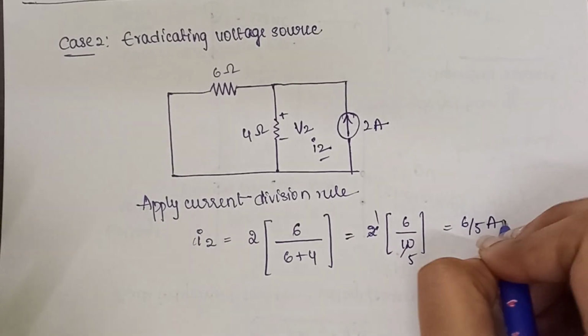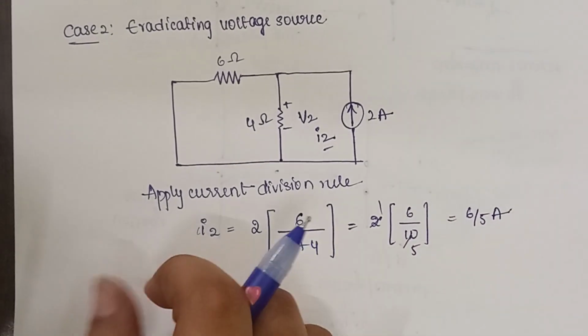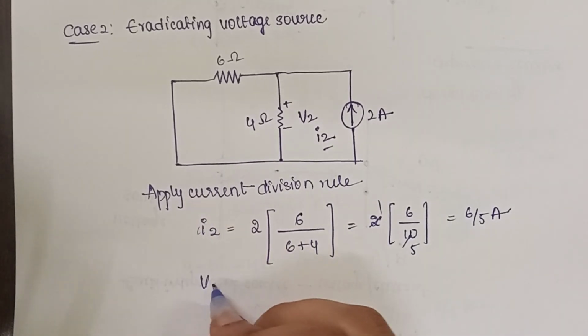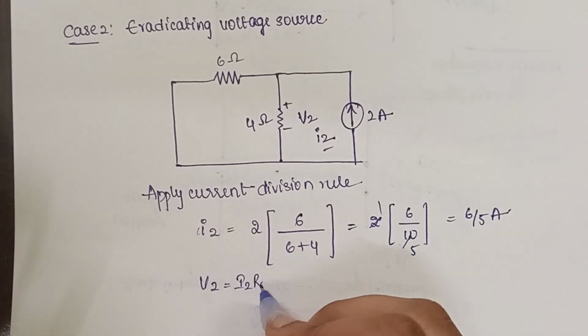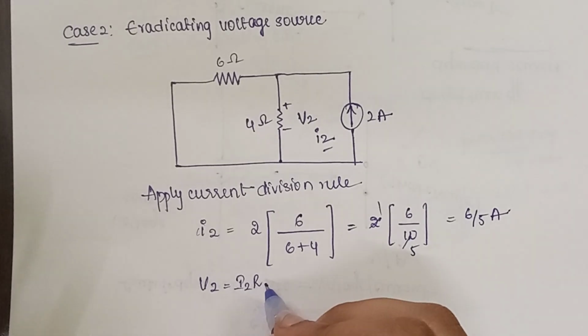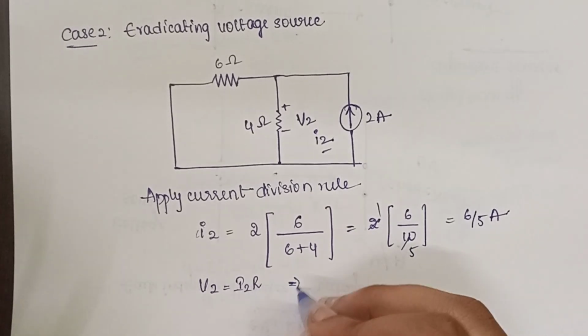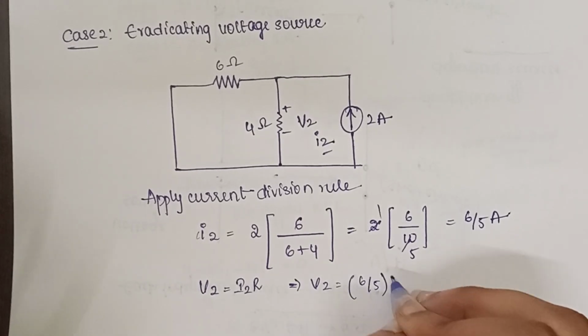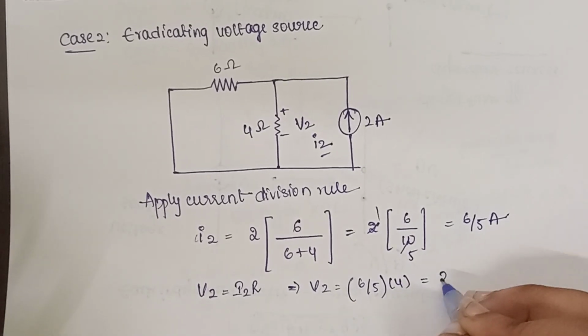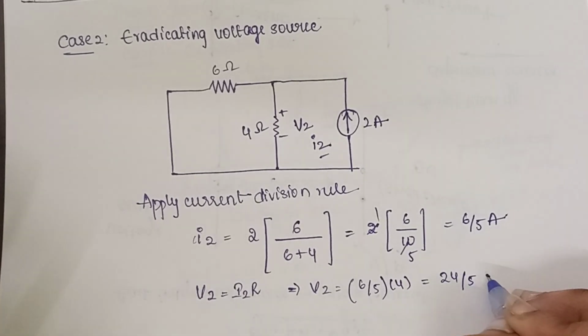So your I2 will be 6 by 5 amperes. Now you need to find out the voltage. So your V2 will be I2 into R. At the 4 ohms resistor they are asking us to find the voltage. So your V2 will be 6 by 5 into 4, which is 24 by 5.